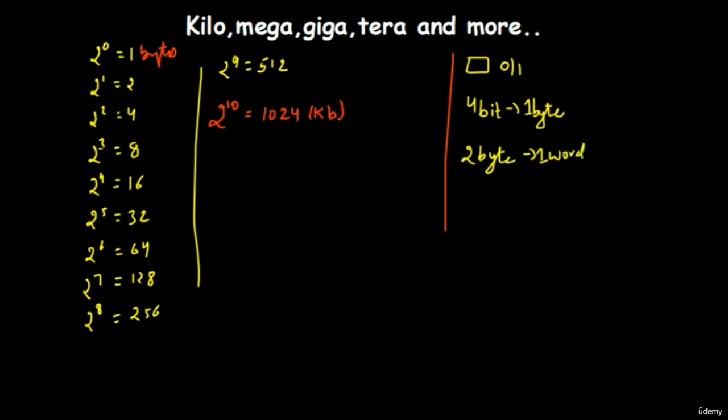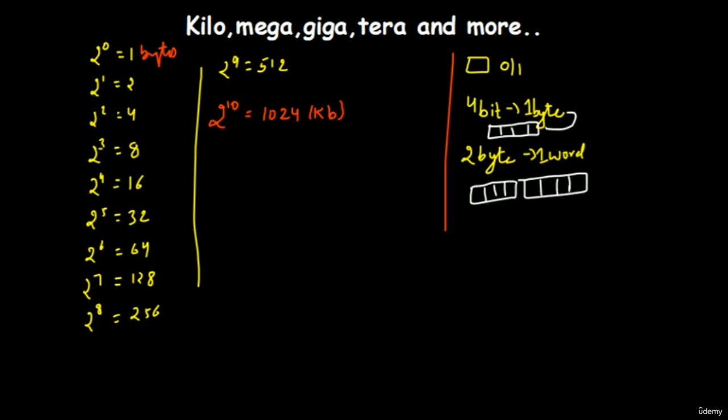For memory purposes, you can remember it this way: when I say 4 bits or 1 byte, it means 4 spaces, and 2 bytes means 4 double spaces. So this way, this is a word.